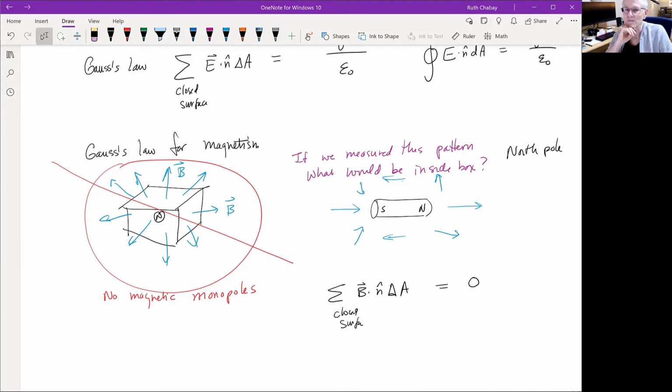So what's the takeaway message here from this lecture? Electromagnets are dipoles. Electromagnets are actually just loops.